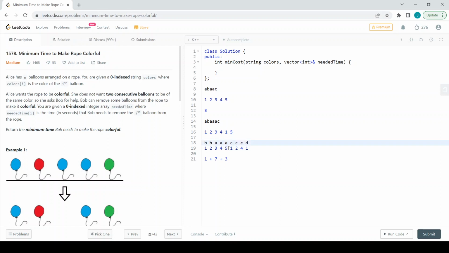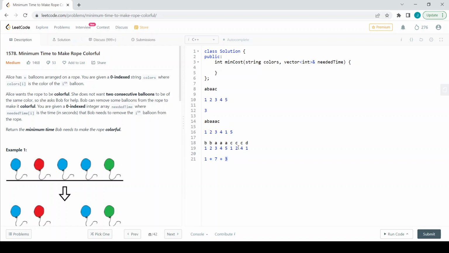If we remove the maximum value from the total sum, 12 minus 5, we get the minimum time needed to remove the other balloons, which is 7. So 12 minus 5 is 7. Here we have a total sum of 7, and we have to remove the maximum value from that, which is 7 minus 4, which is 3.